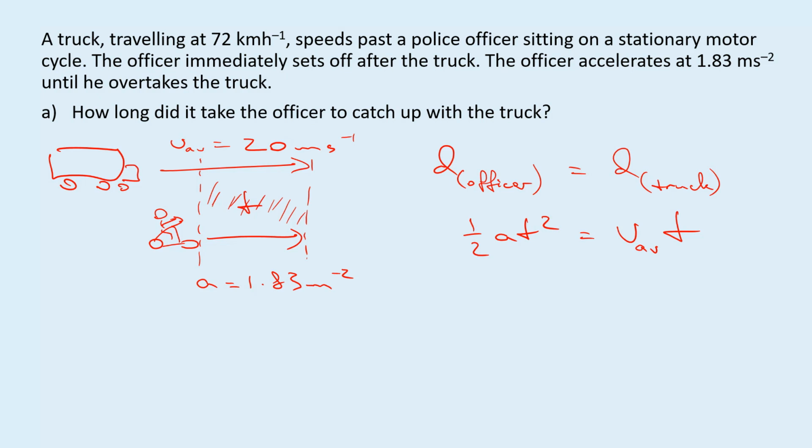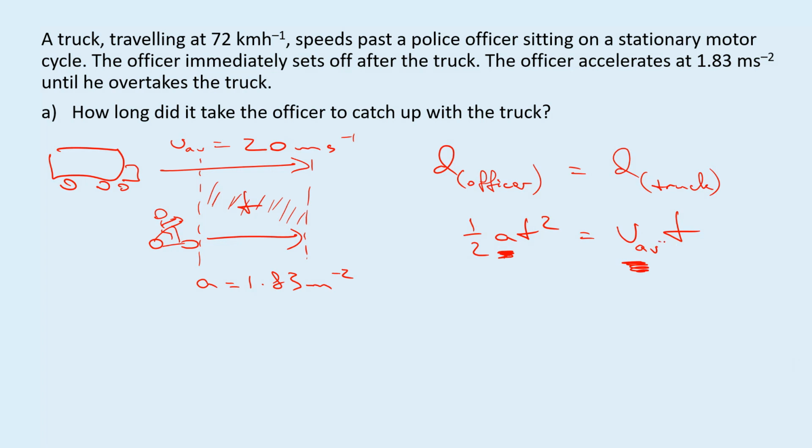Okay, so might look a little bit complex, but now we've got t's that we can work out because we know the acceleration and we know the average velocity. So we just have one unknown now. The unknown is the t. So now we just solve for t.